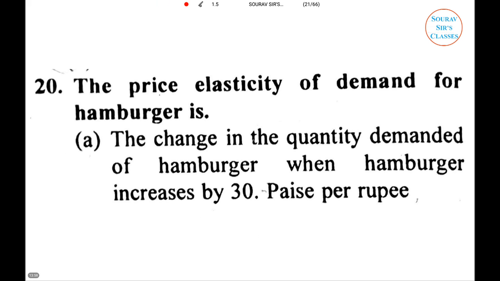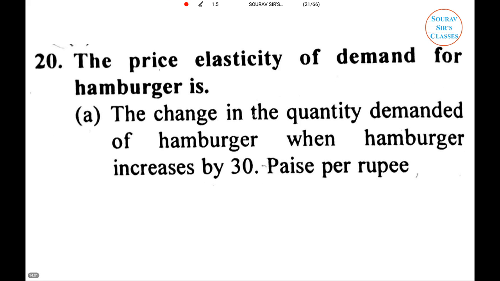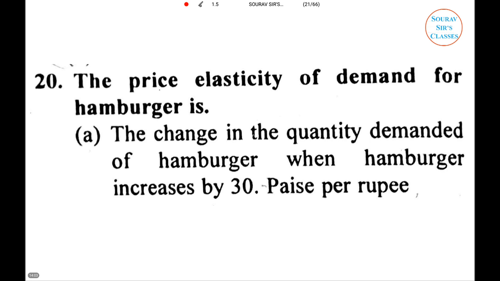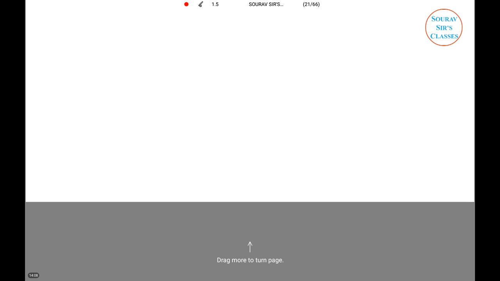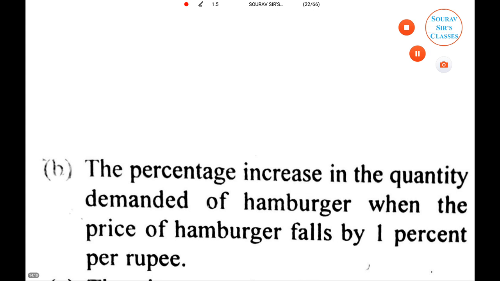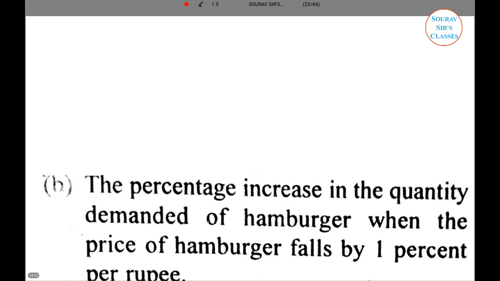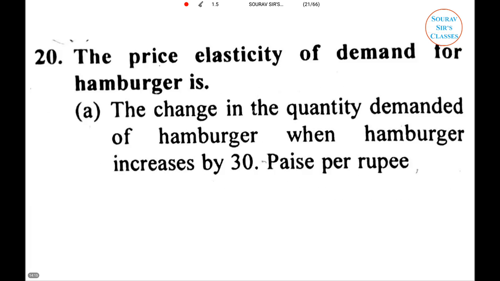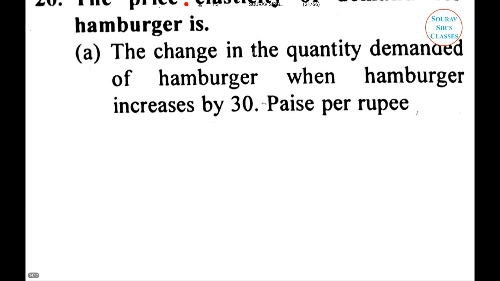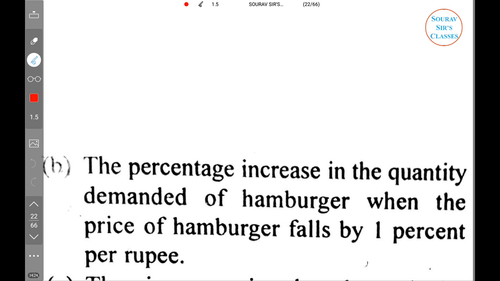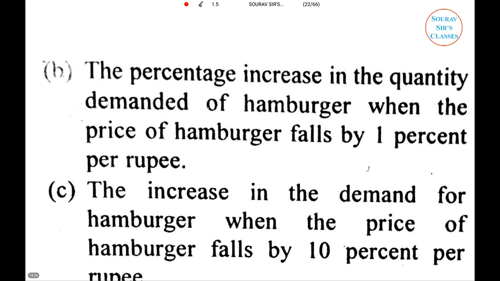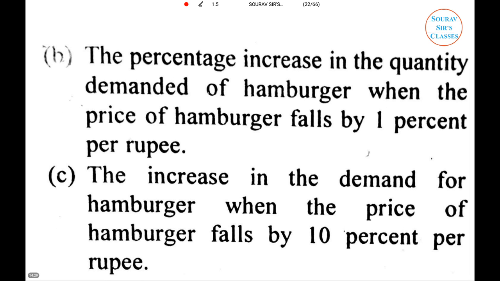The price elasticity of demand for hamburger is... now let us see the options. So whether it is option A, the change in quantity demanded of hamburger when the price of hamburger increases by 30 paisa per rupee, or B, C or D. Now the answer to this is B. Why?